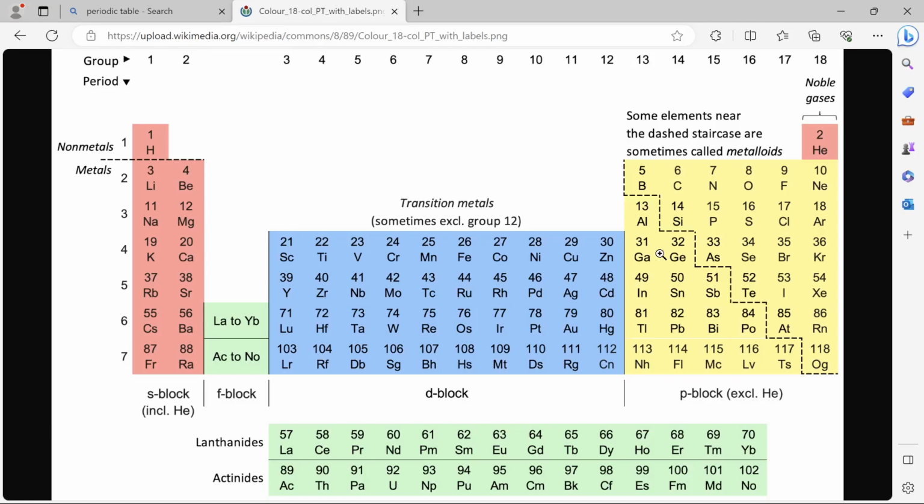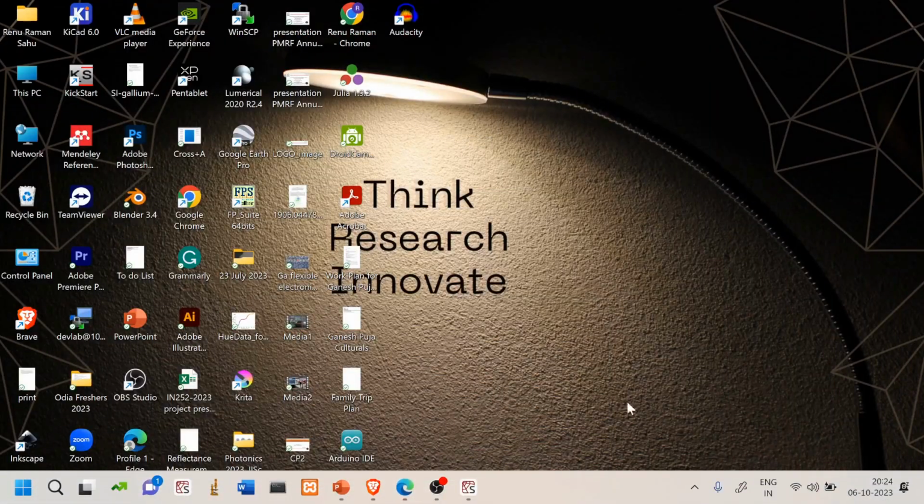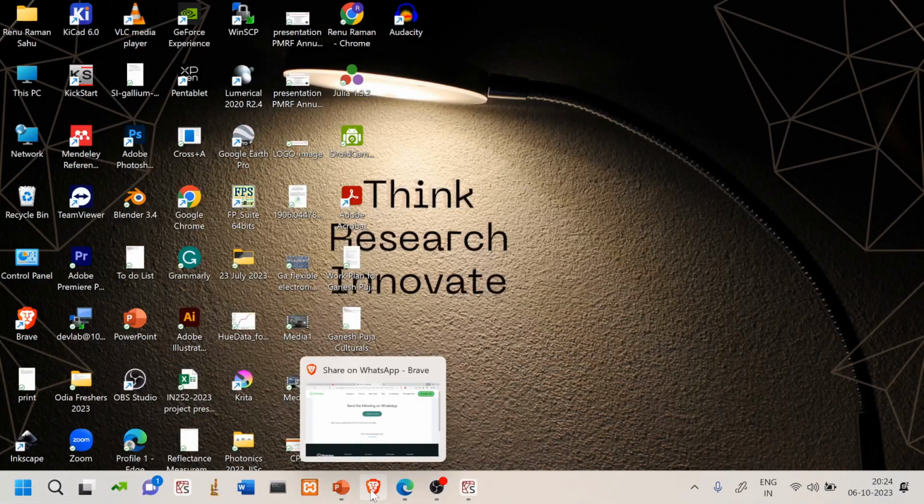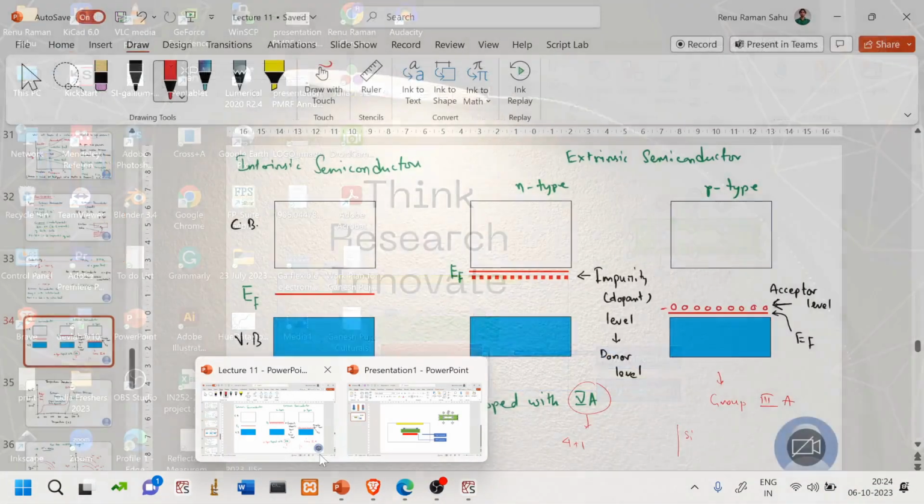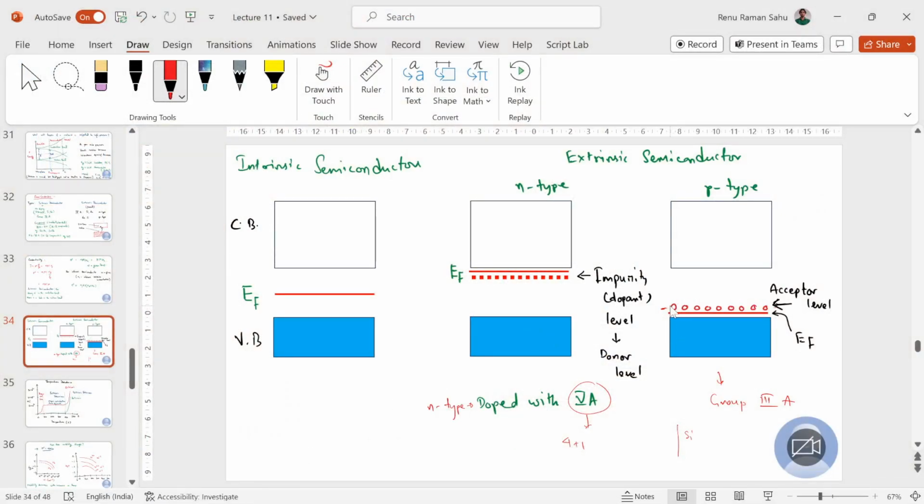That absence of an electron will create an energy state somewhere here, at this level. Since this is very close to the valence band, it is easier for electrons to hop into these levels.